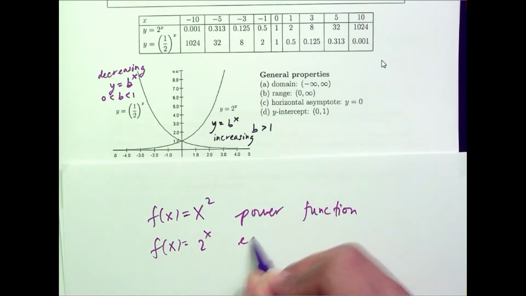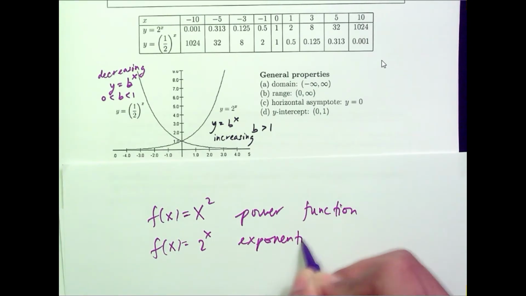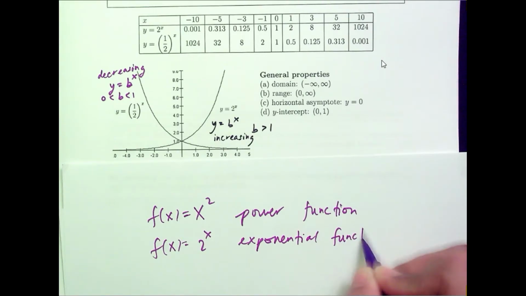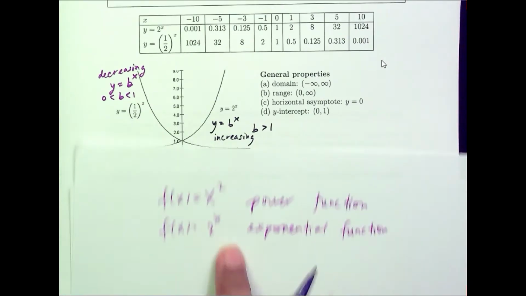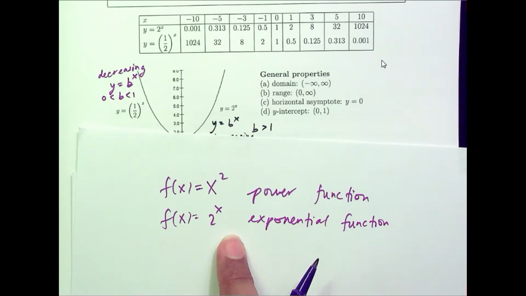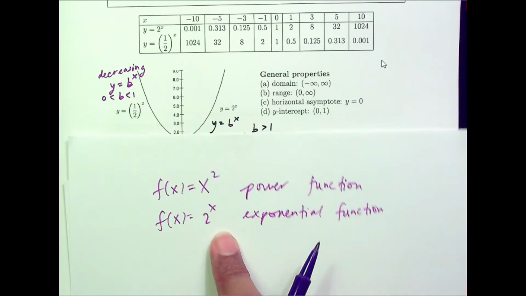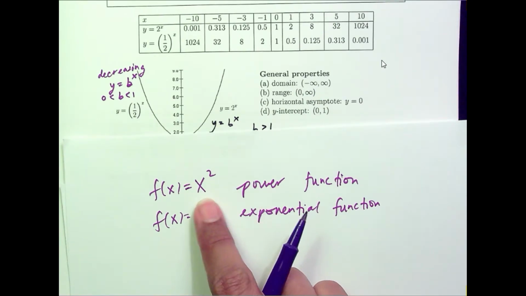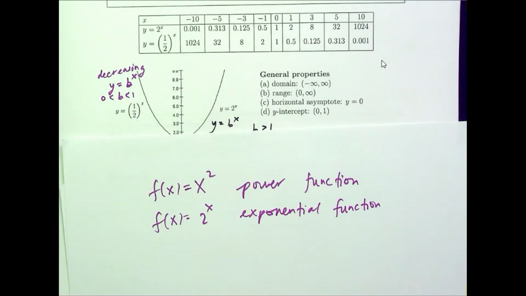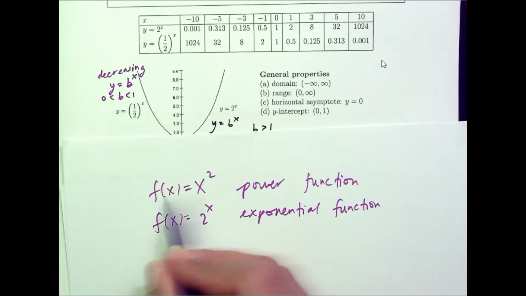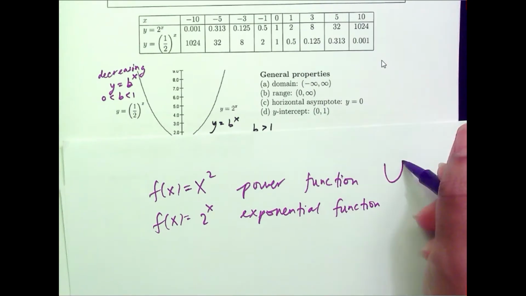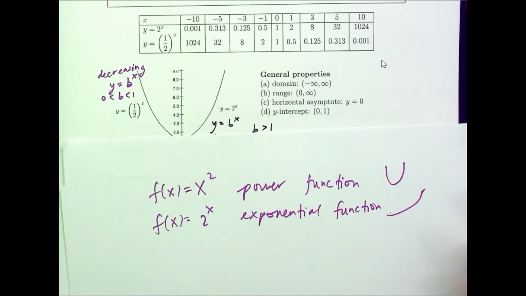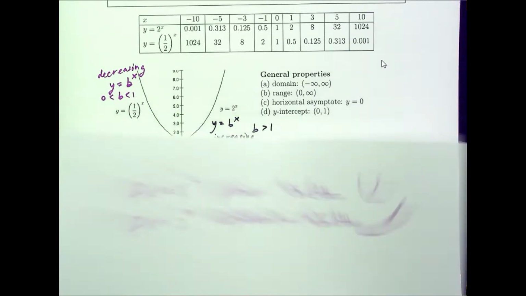This is an exponential function. In the exponential function, the variable is the actual exponent. In a power function, the variable is the base. Okay, and of course they have completely different graphs. This one in this particular example, that's a parabola, and this one we just said looks like that.